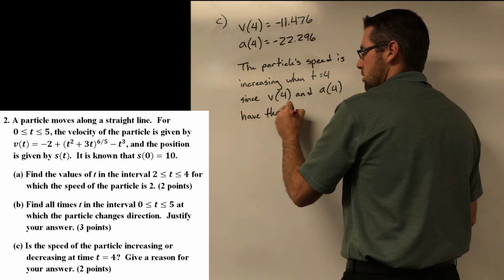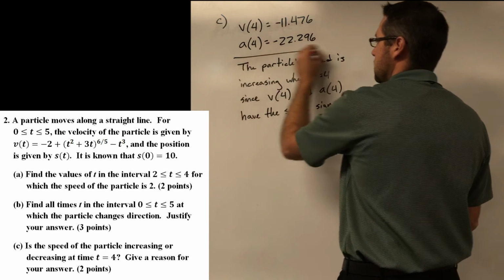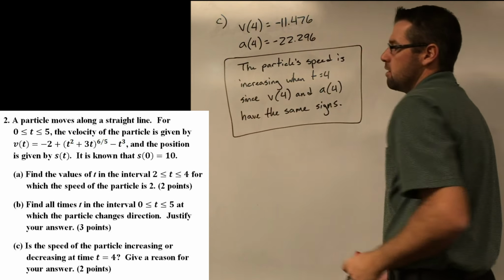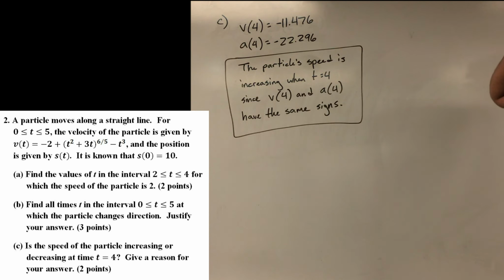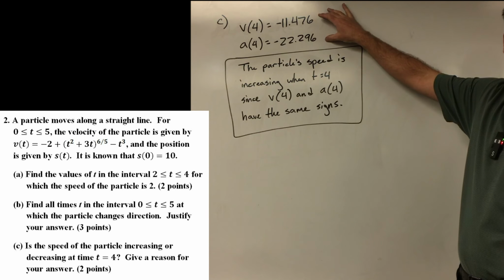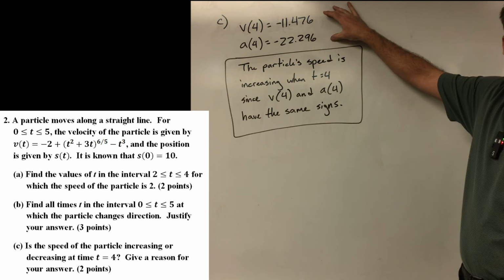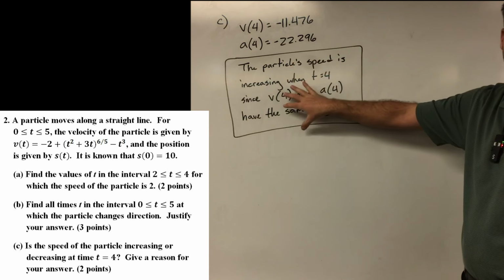I would be pretty happy if I saw that. It's worth 2 points, so I believe it's going to be 1 point for the values of v of 4 and a of 4, and then 1 point for the answer with justification.